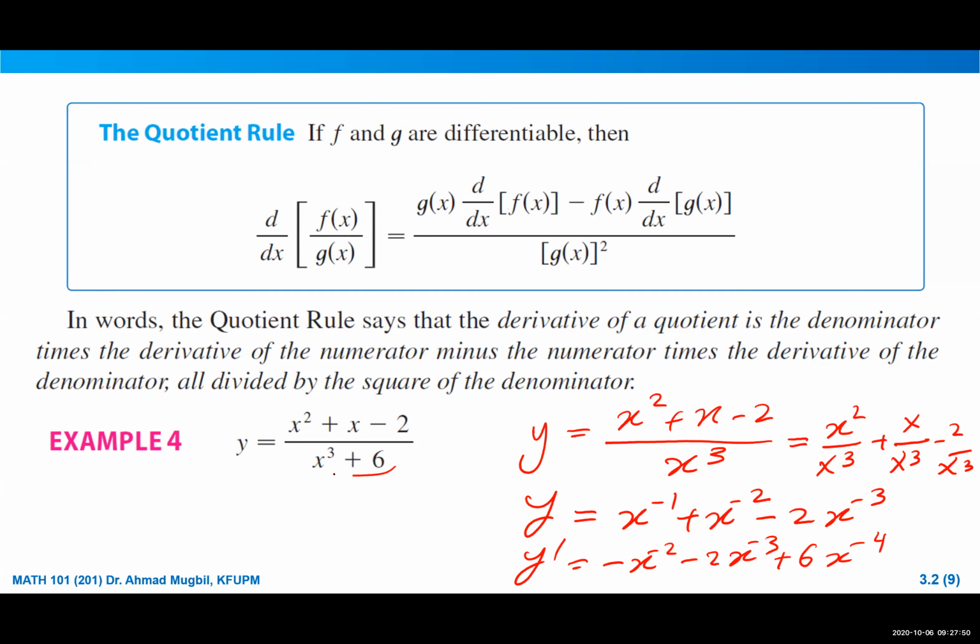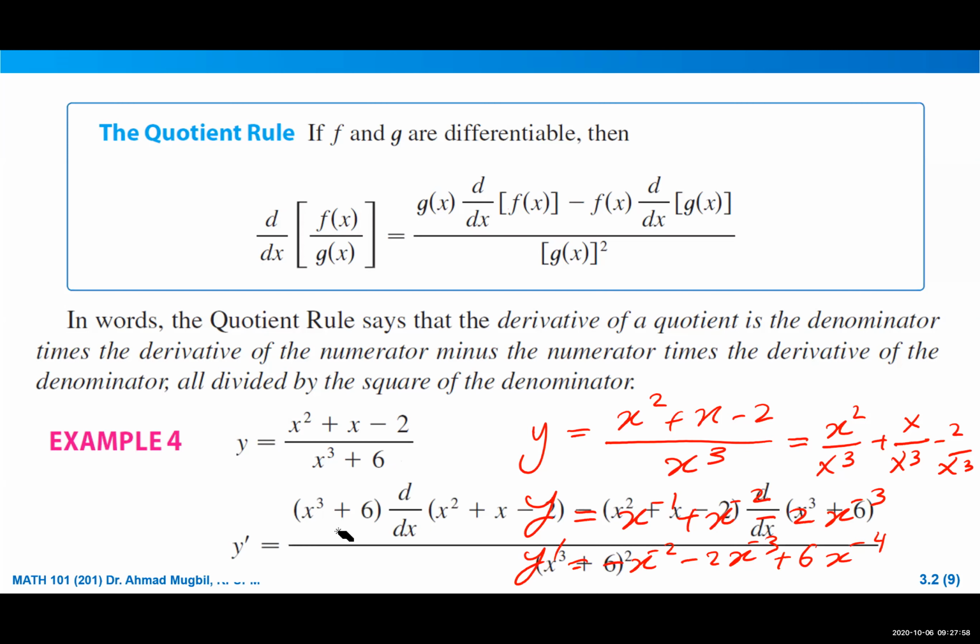But now, because of this, we cannot write it as powers. So what we should do now is apply the quotient rule. To apply it, remember, it will be the denominator multiplied by the derivative. The order here is important because we have minus here. So be careful.